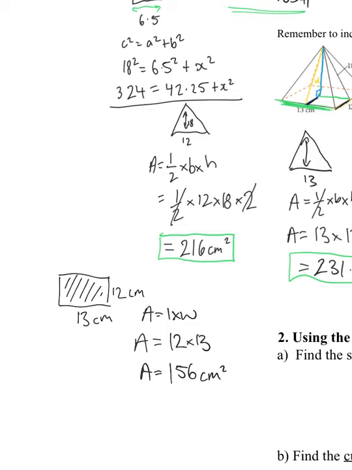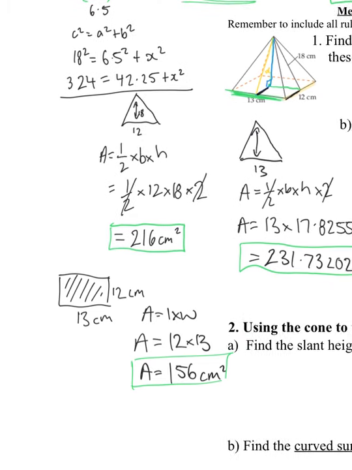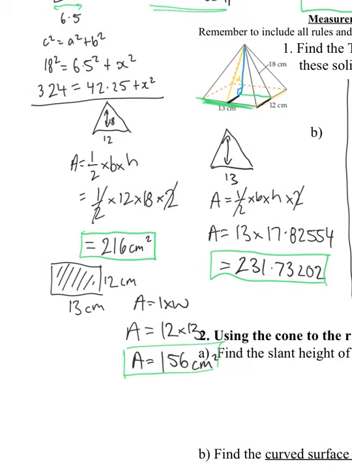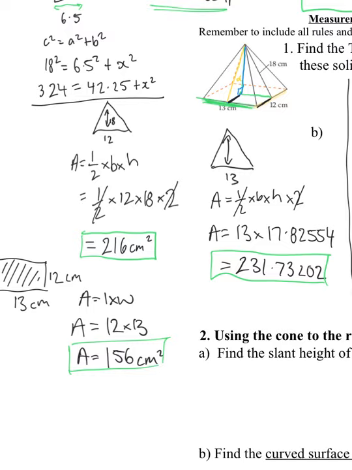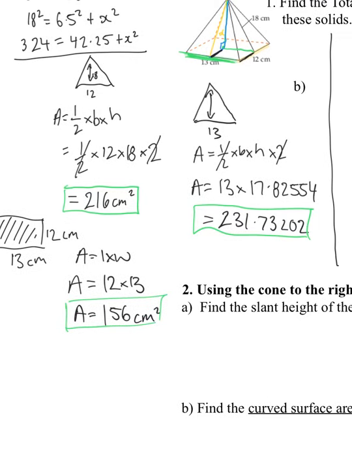Cool. So what we're going to do is add the values we found: add the 216, add the 231.73202, and add the 156.